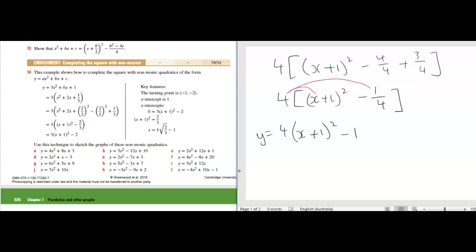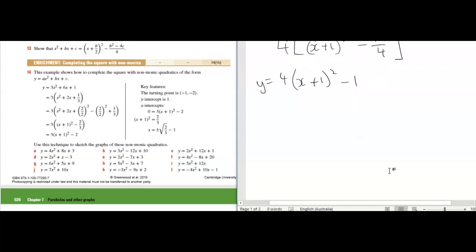Now, we need to sketch it. So our turning point is h. Because that's a positive there, you can turn it into a negative, so you know that h has got to be a negative. So our turning point is at -1, -1.